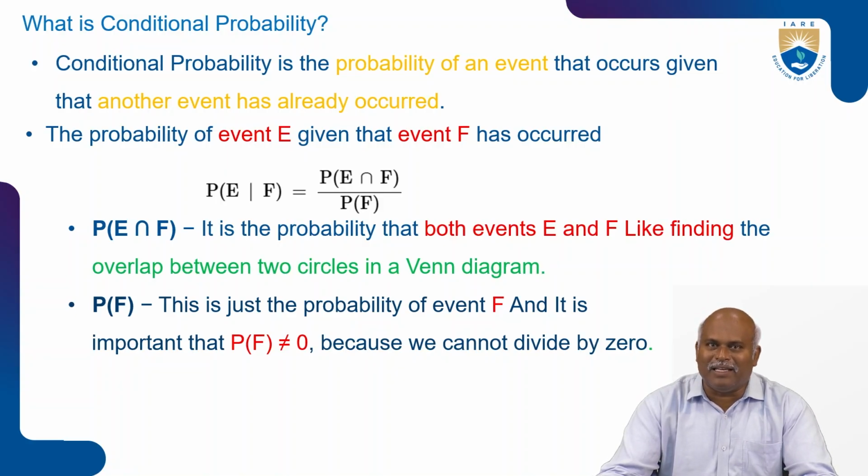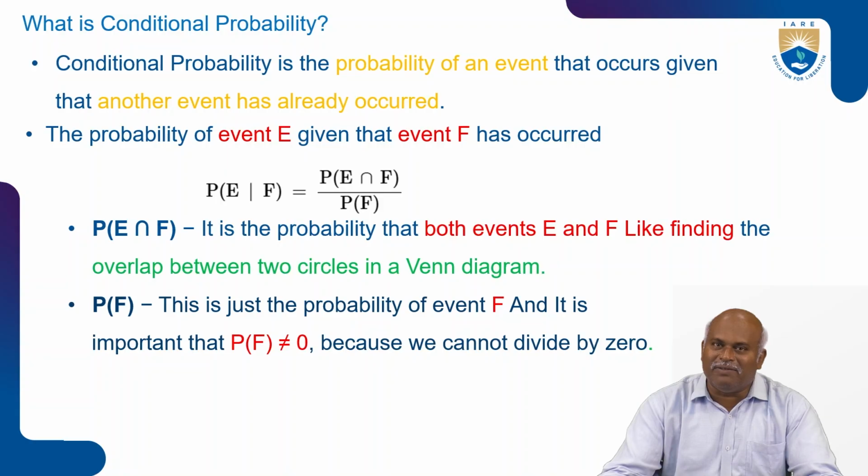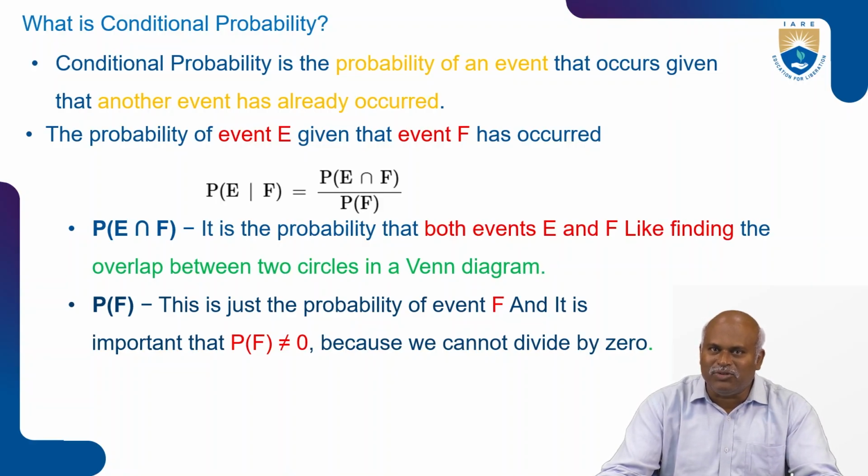We denote the event as capital E, and the event that has already occurred as F. So mathematically, the probability of E given F, P(E|F), is equal to P(E ∩ F) divided by P(F).